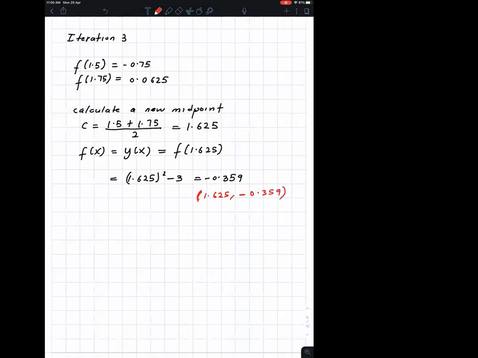Are we below the x-axis or above the x-axis? Below the x-axis. Okay, good. If you're still not sure, this is the x-axis. So below the x-axis are negative values, above the x-axis are positive values of y or fx.